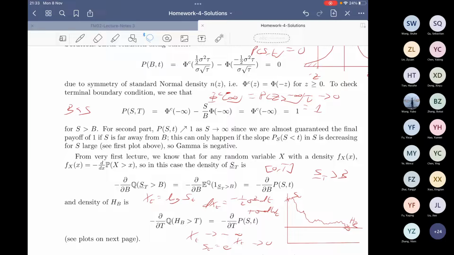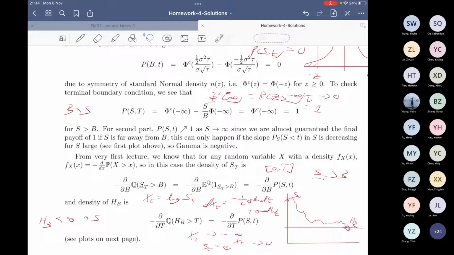That's a quick back of the envelope proof; you probably need a bit more rigor to do it completely properly, but it gives the idea as to why S tends to 0 as t tends to infinity when the interest rate is 0. So in particular, it must hit the level B. So this implies that HB is less than infinity almost surely.